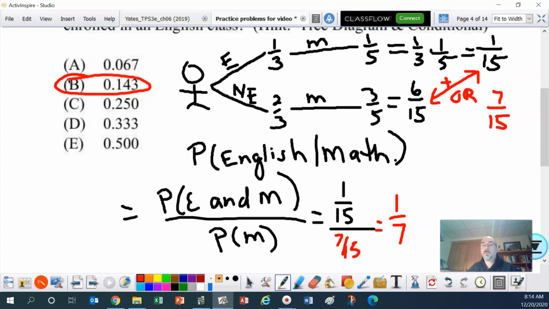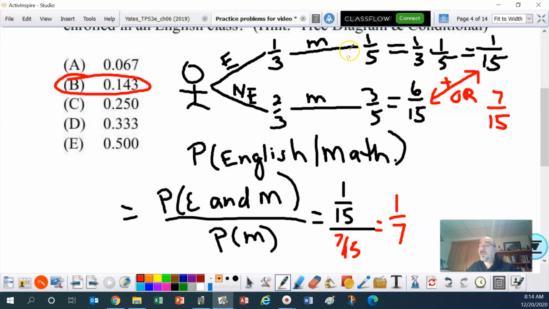Okay, let me re-emphasize things here. So I set up a tree diagram: English, and then the probability of taking math. No English, then the probability of taking math. So English and math turns out to be 1 out of 15. No English and math turns out to be 6 out of 15.